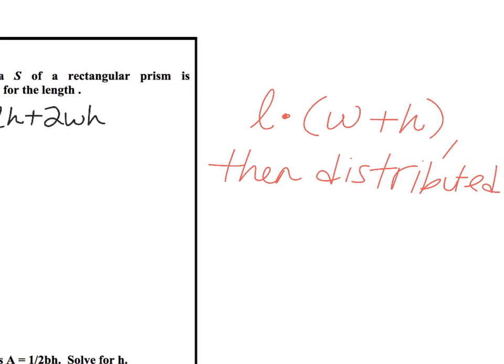And then WH was added. And then all of them were multiplied by 2.